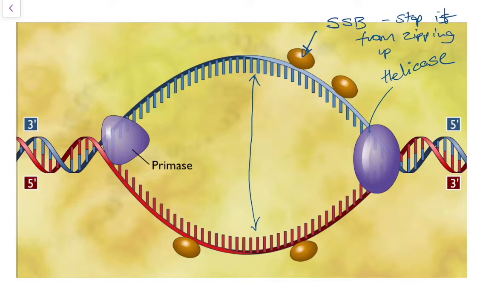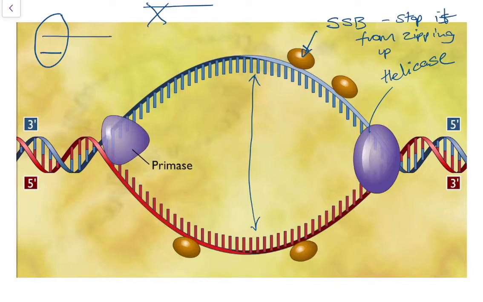All right, so we've got primase, and you can see it's binding to the DNA on one of the strands. And the reason it needs to do that is that we've got an enzyme that's going to build the new strand. It can only join to a double-stranded molecule. So if we've got a single strand along the top, it can't bind. So we need to have at least a small section where we have a double strand, and that's going to allow our next enzyme to come in and bind.